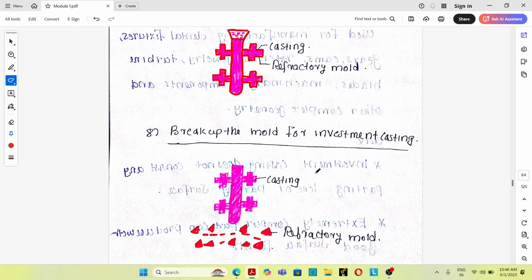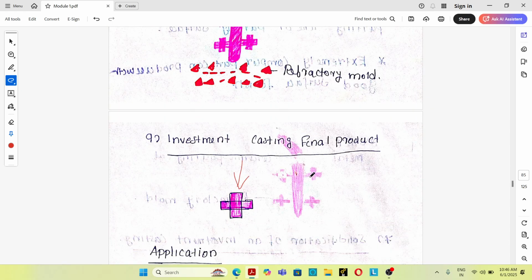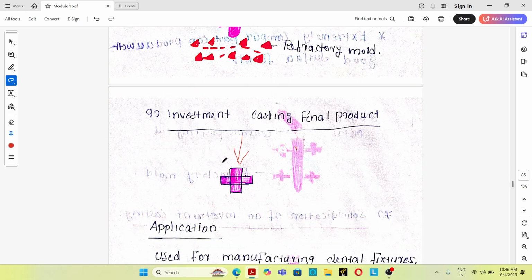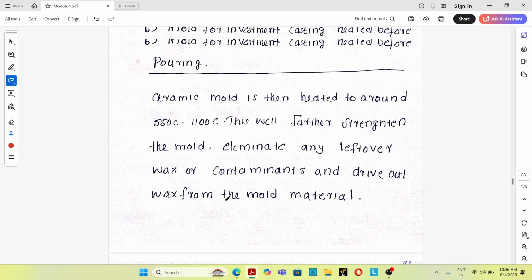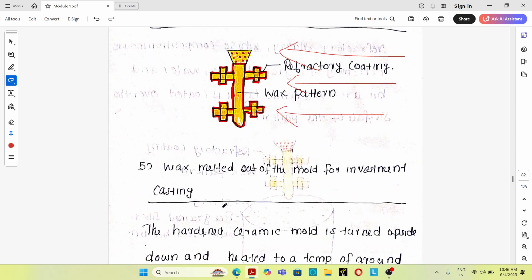Investment casting is an expendable casting process in which the entire mold is broken for taking the product outside. Then this is the final product in the investment casting process. So these are the general steps in the investment casting process.